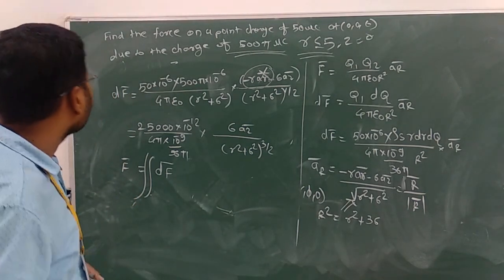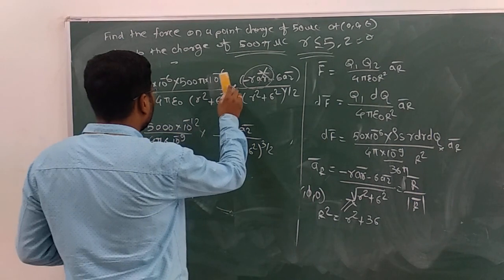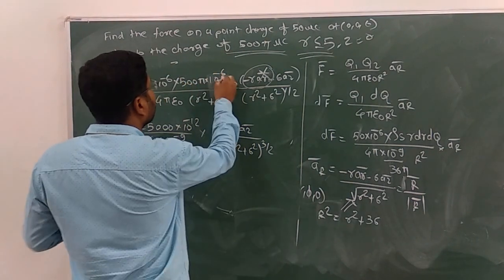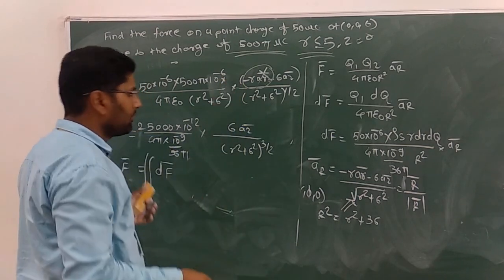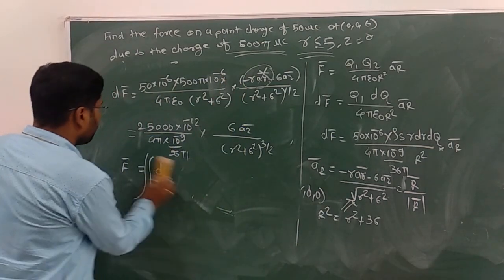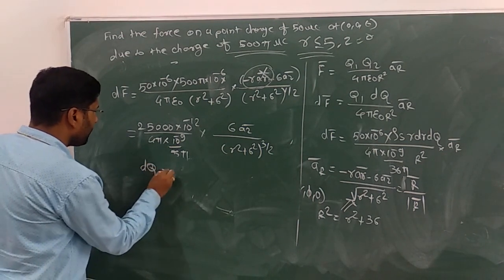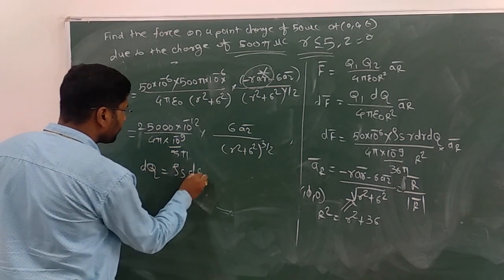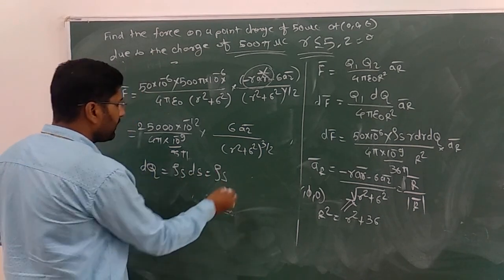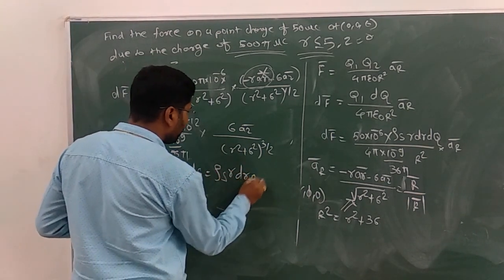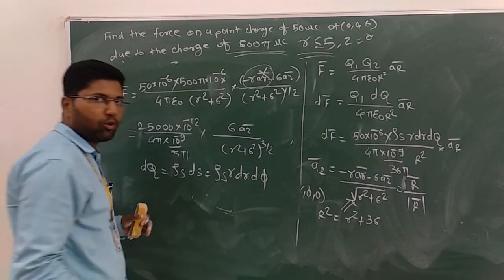Here I have 500 rho s. So dq was rho s ds, so that is rho s is R dr d phi, and dz was the constant.